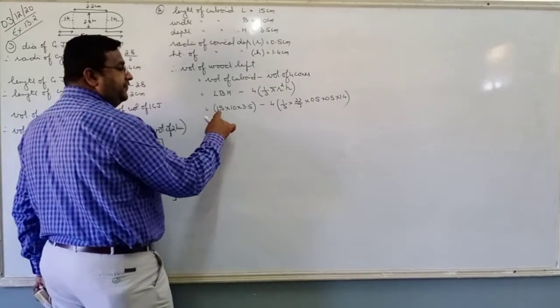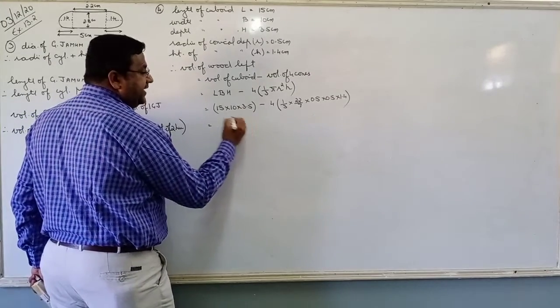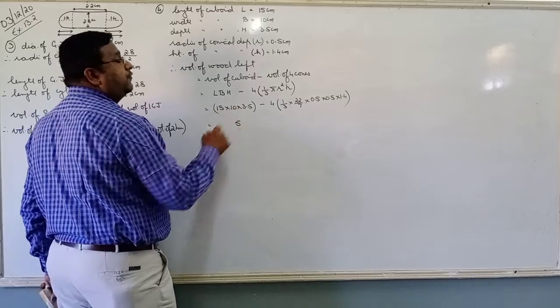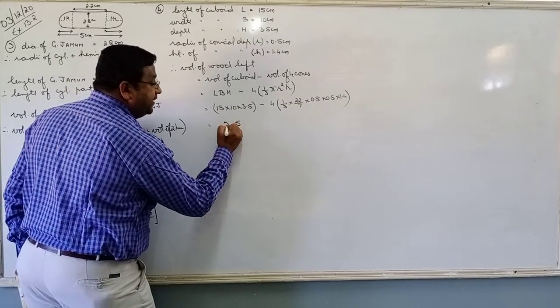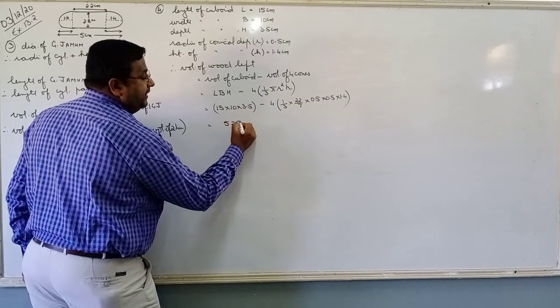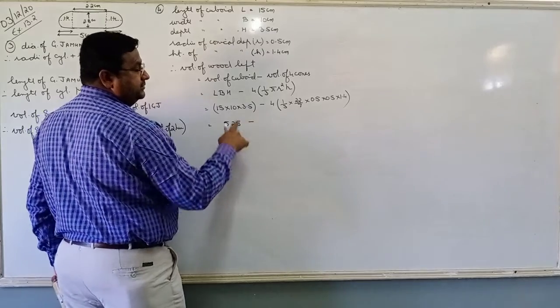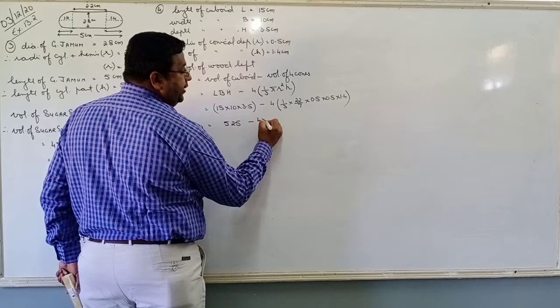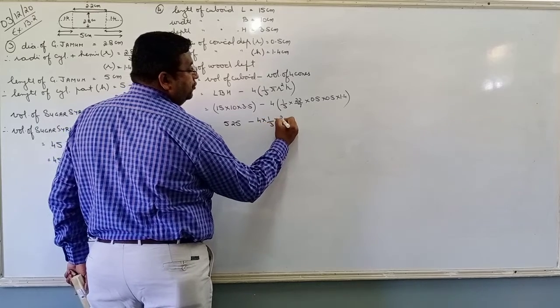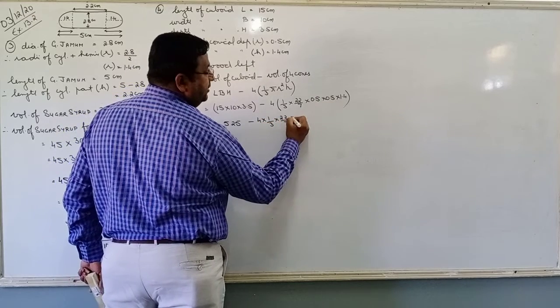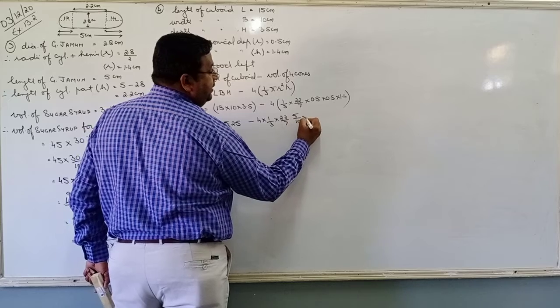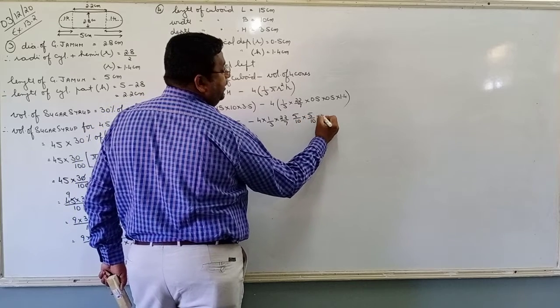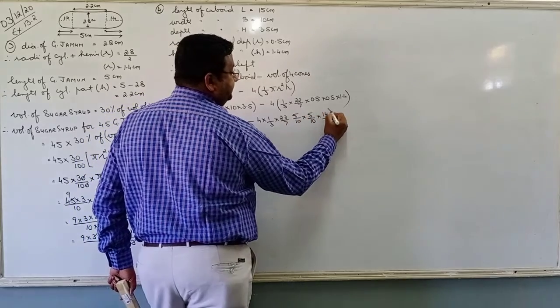Isn't it? 15 5s are 75, carry 7. 15 3s are 45, 45 and 7, 52 and multiplied by 10, so 525 minus, right? Decimal is gone. 4 into 1 by 3 into 22 by 7, remove the decimal places, 5 by 10 into 5 by 10 into 14 by 10.